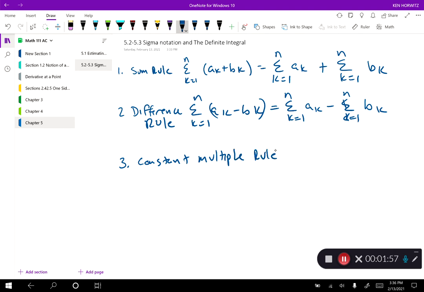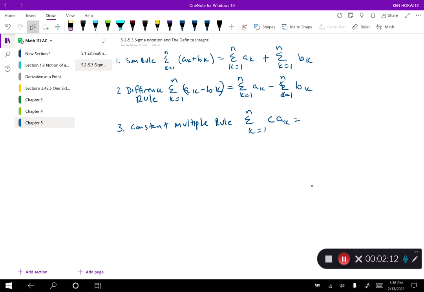The constant multiple rule says that if I have the sum k equaling 1 to n of some constant times my function, I can basically take that constant and put it on the outside of my summation. Like that.